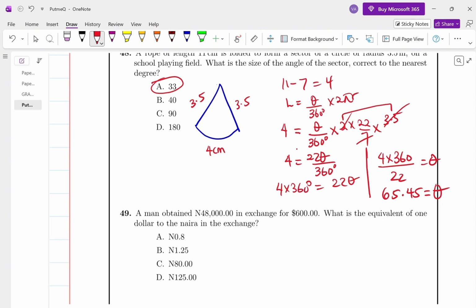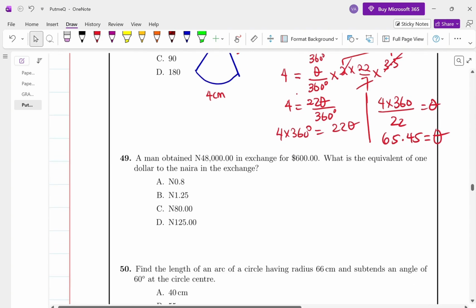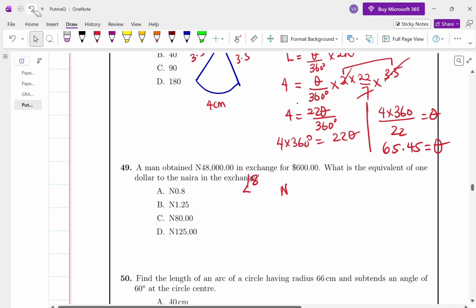All right, question 49. 48,000 naira is exchanged for $600. What is the equivalent of $1 to the naira in the exchange? So 48,000 gives us $600.